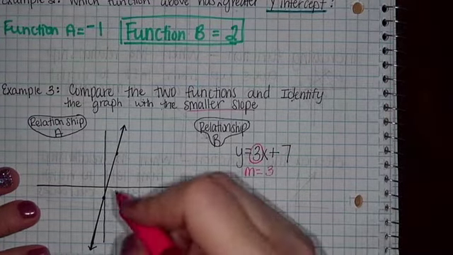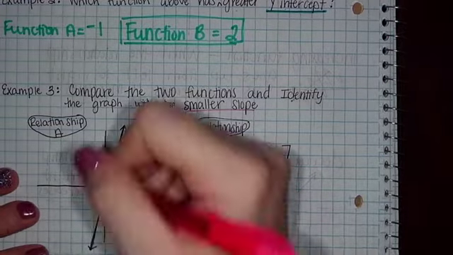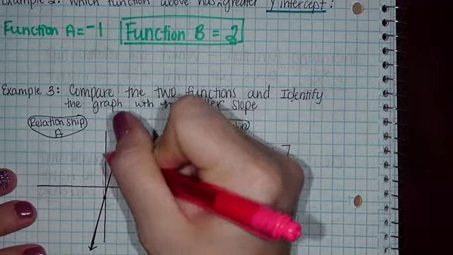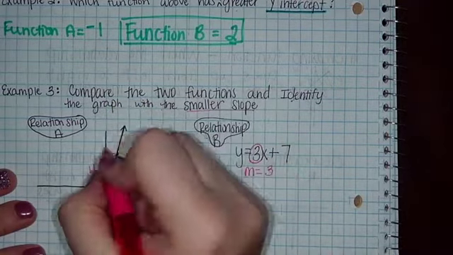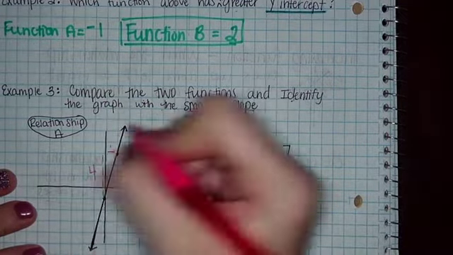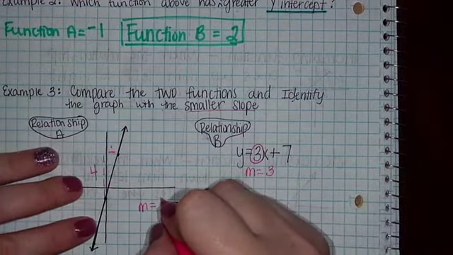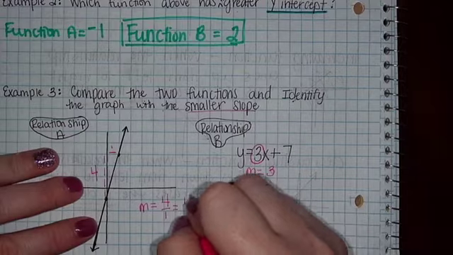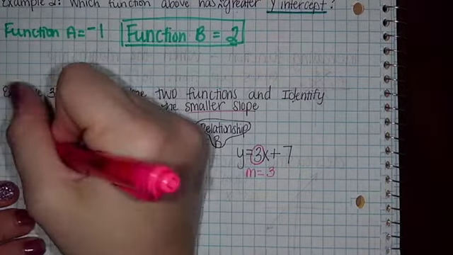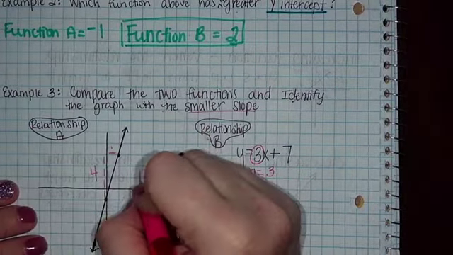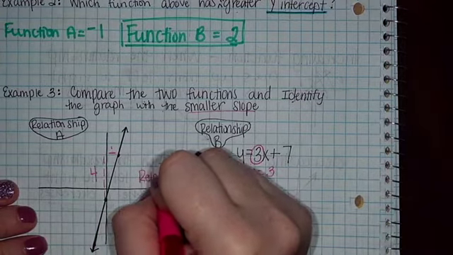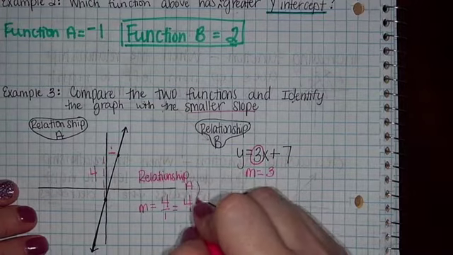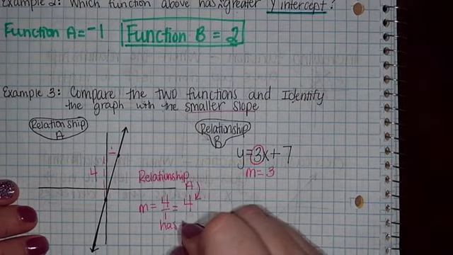For this one, I have to count to this point, so it's up 1, 2, 3, 4, and it's over 1. So the slope would be 4 over 1, which is just 4.